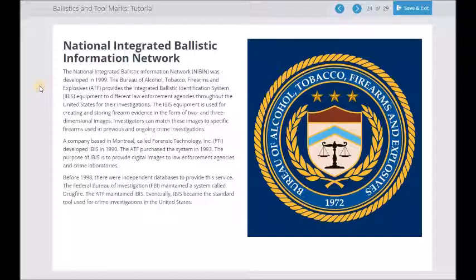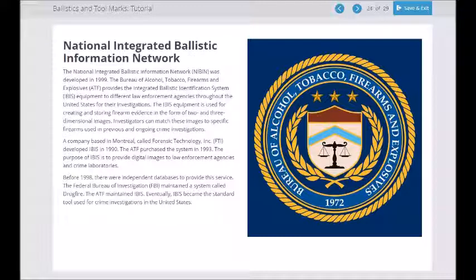So one thing that happened, and it started back in 1999, was the ATF, the Bureau of Alcohol, Tobacco, and Firearms, now the Bureau of Alcohol, Tobacco, Firearms, and Explosives, started collecting data. Guns that have been used in crimes sometimes find their way back into society.